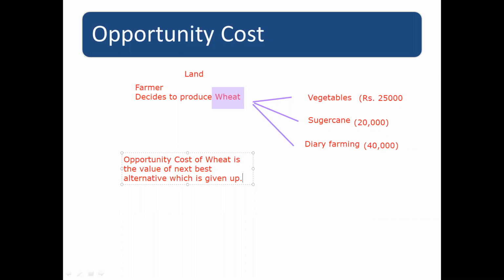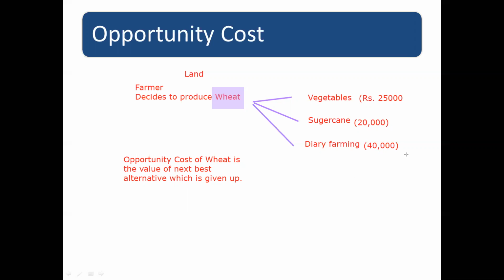We are talking of opportunity cost of wheat. In terms, we'll say, what has he given up? He's given up vegetable, he's given up sugarcane, he's given up dairy farming. We will not say all of these. Next best alternative which is given up, that is dairy farming. So we'll choose one next best alternative.